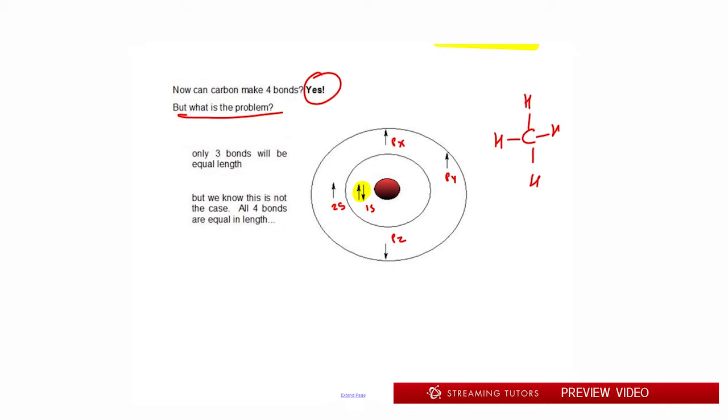So single bonds on the same atom are all the same length for that molecule. So this is not going to meet the data that we have. Our little pictorial diagram here doesn't allow us to realize what I just said. They're all the same bond length, but the diagram I showed you is not.